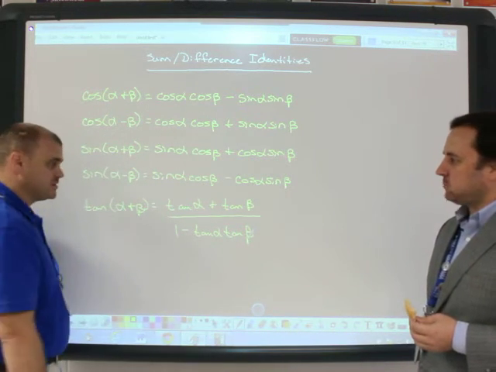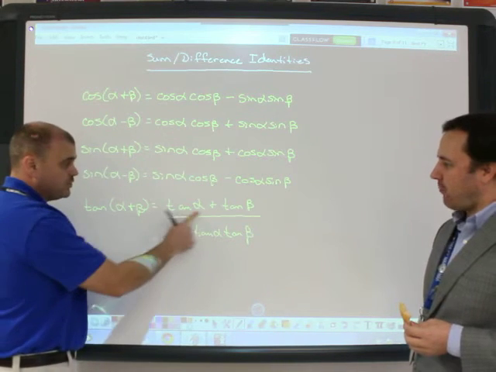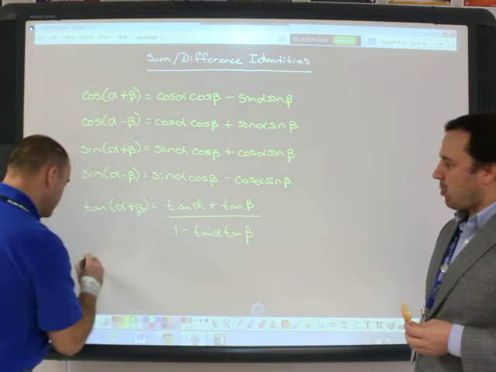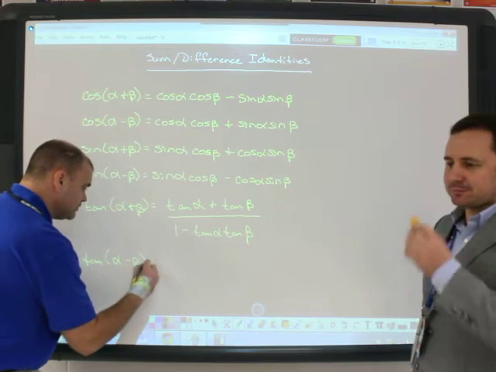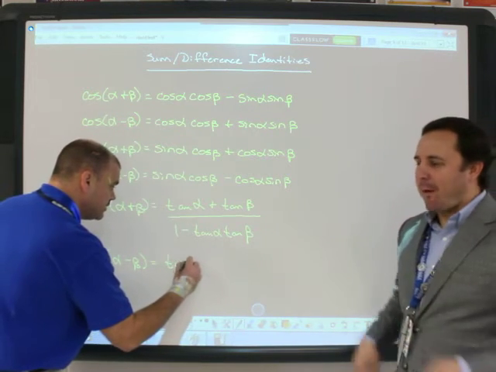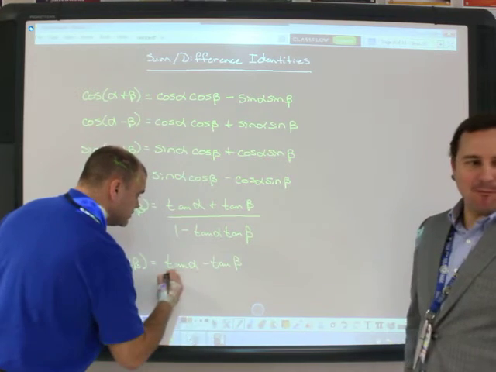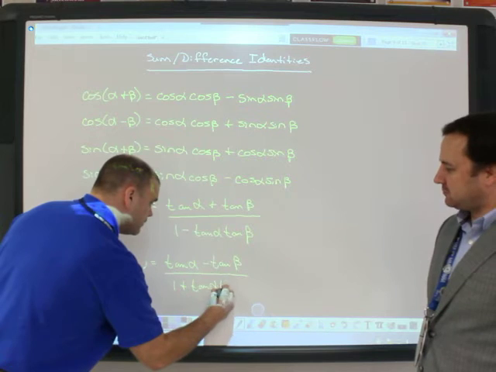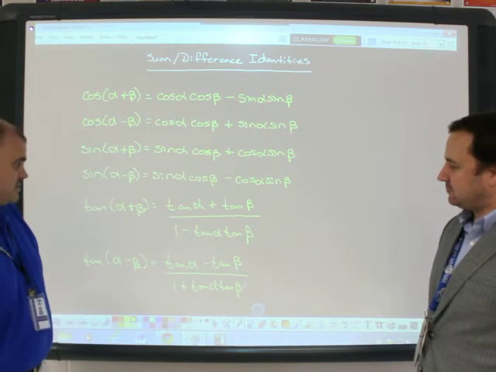That's how that works. When we're adding, we add the top and subtract the bottom: 1 minus tan alpha tan beta. Then we have the tan of alpha minus beta is equal to the tan of alpha minus the tangent of beta divided by 1 plus tan alpha tan beta. That's how the tangent works.